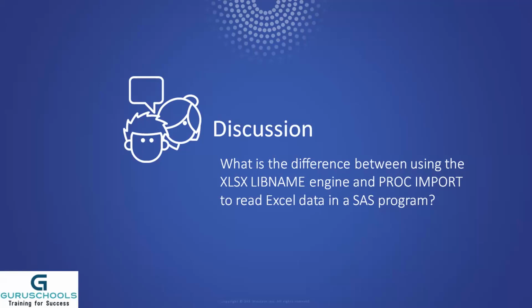There are two differences. The first is that in libname, you create a library, kind of an Excel sheet, and then you can use it, and you have to clear it also, to discontinue the connection. Whereas in proc import, you just get as much data as you want into the workplace, and you don't need to clear it.